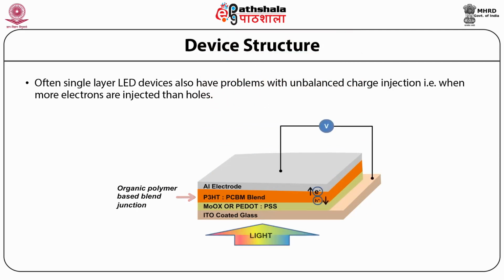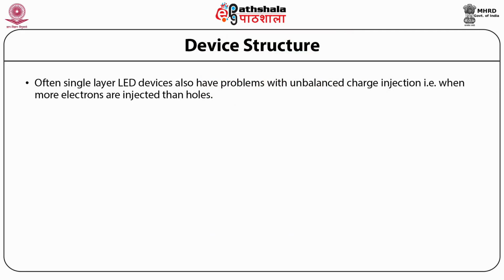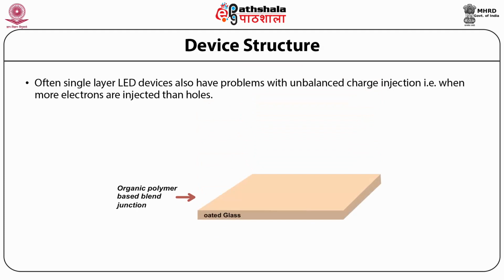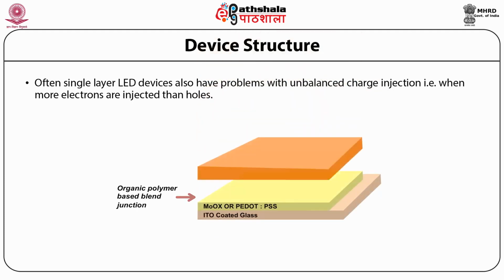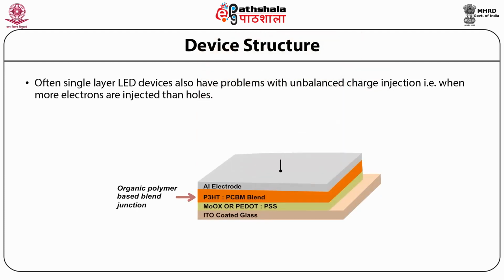This is attributed to the low dielectric constant of organic materials, which causes the radius of the attractive Coulombic potential to spread over a greater distance.